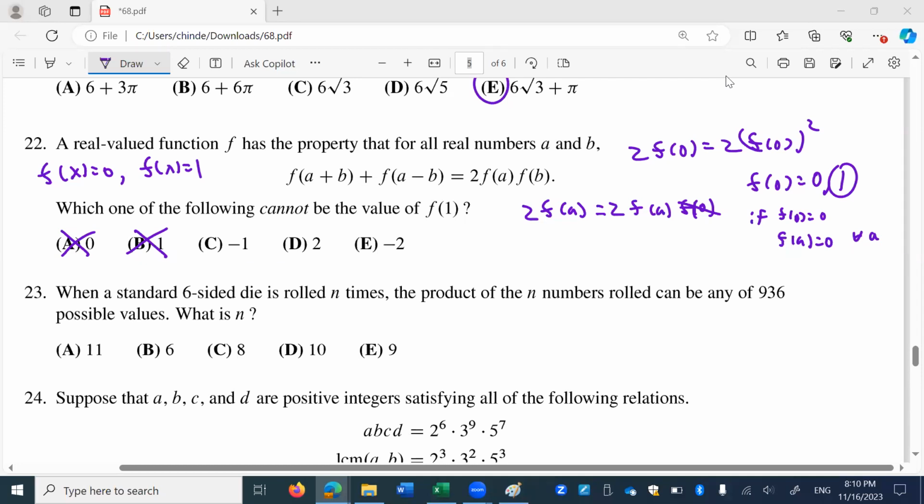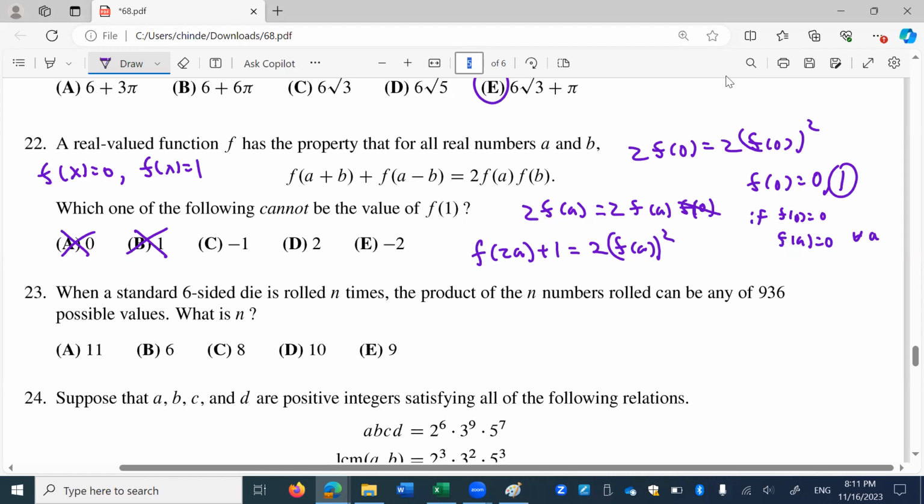Okay, so since I know that f of 0 equals 1, let's let a equal b so that I have f of 0 on the right hand side. So I have f of 2a plus 1 equals 2 times f of a squared, if a equals b.